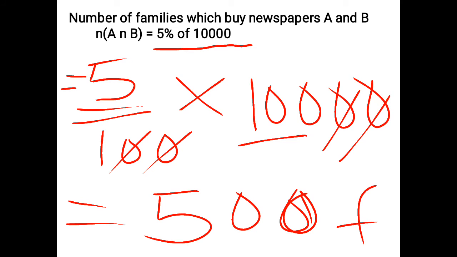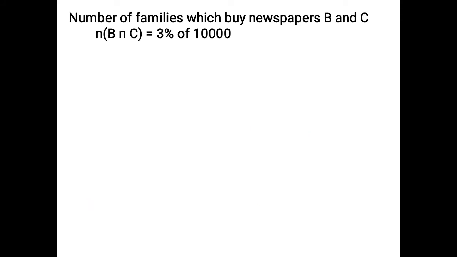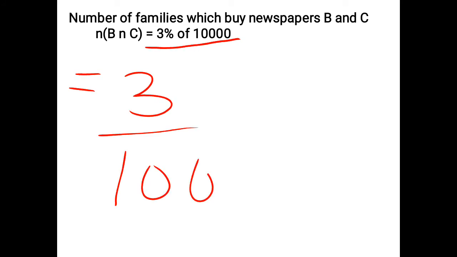So 500 families buy newspapers A and B. All right, then number of families which buy newspapers B and C, that is 3% of the total. So 3 over 100 times the total.